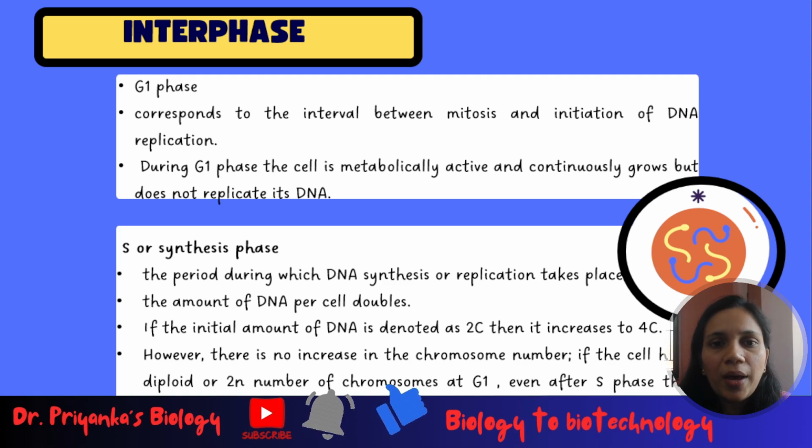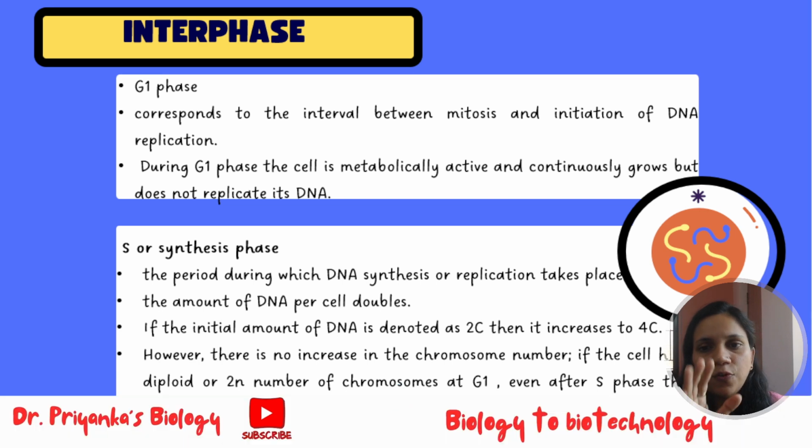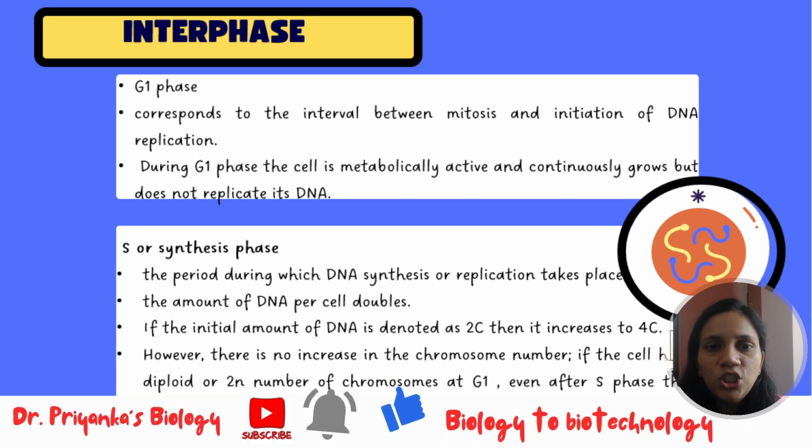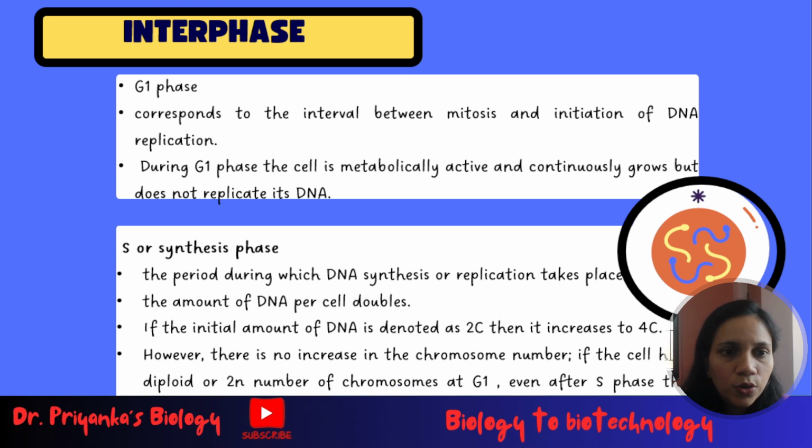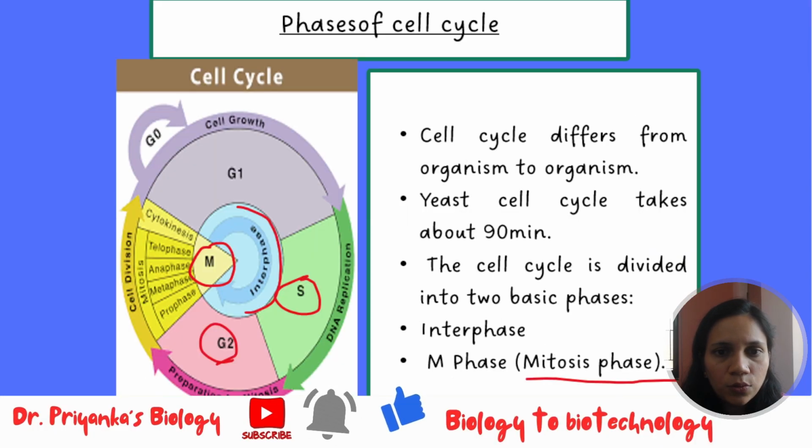So again, coming back to interphase, we know the three components. Let us take the first component, the G1 phase. What exactly happens in G1 phase? It's an interval between mitosis and initiation of DNA replication. If you see here, let's go back to this slide.